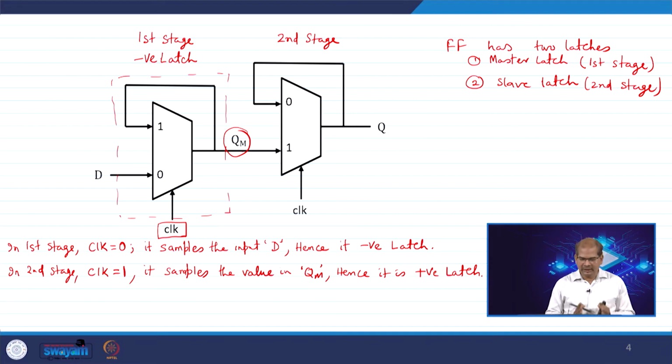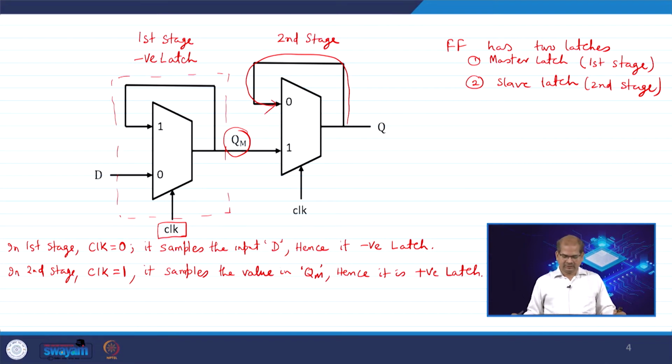At the same time the second stage will hold the data. When clock is getting 1, the QM value will be passed to the second stage. The QM will be sampled by Q, and your first stage will hold the data, because there is a feedback there.